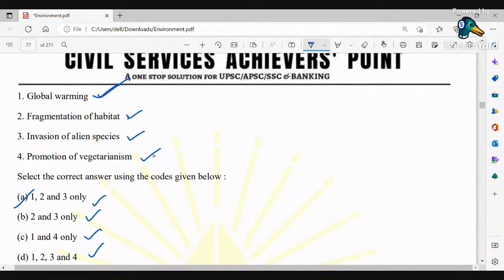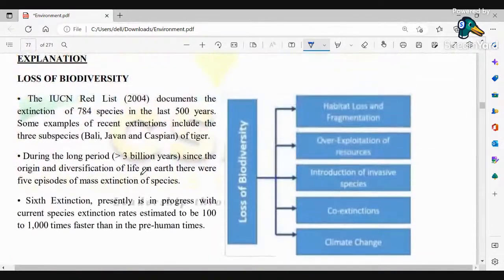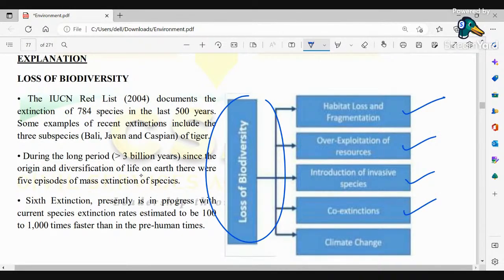Global warming, fragmentation of habitat, and invasion of alien species are basically a threat to the biodiversity. Okay, next. So, this is basically the loss of biodiversity. You could see habitat loss and fragmentation, overexploitation of resources, introduction of invasive species, coextinctions, and climate change.